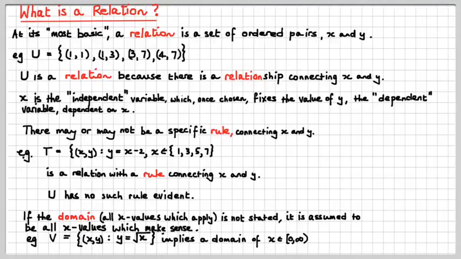Now what is the implied domain? Well, root anything can't be negative, so x can only be from 0 inclusive up to positive infinity. That's the implied domain of that function. Getting it? Pretty easy, eh?